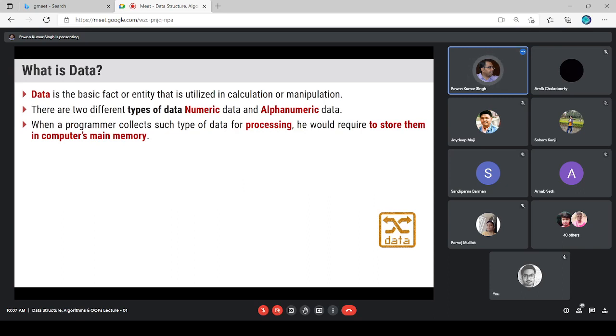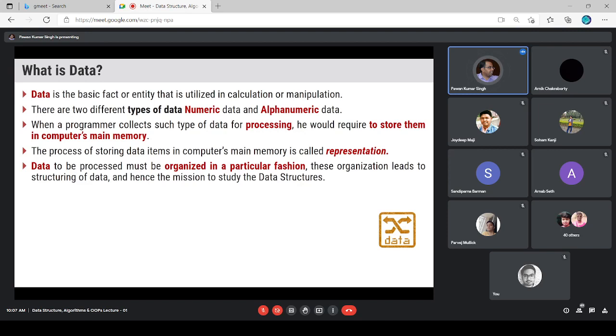It is required to be stored in the main memory of the computer. And then after storing it in the main memory, this process is called the representation. How you are storing your data items in the computer memory is called the representation. How you are representing your data.